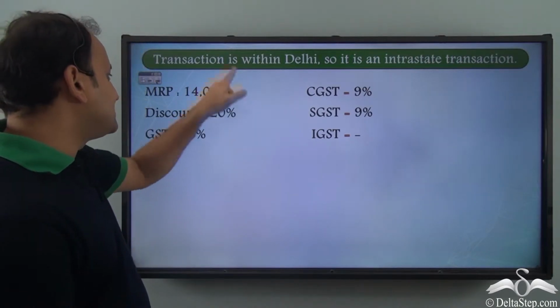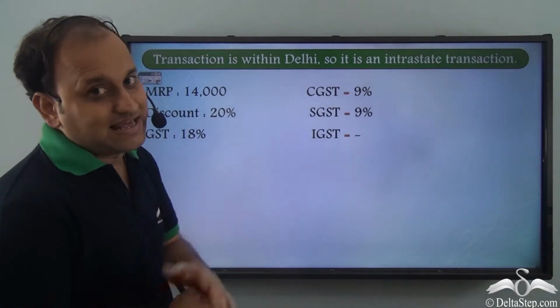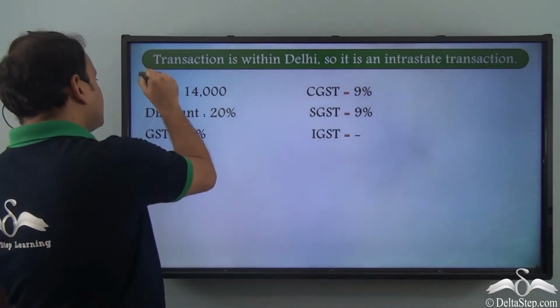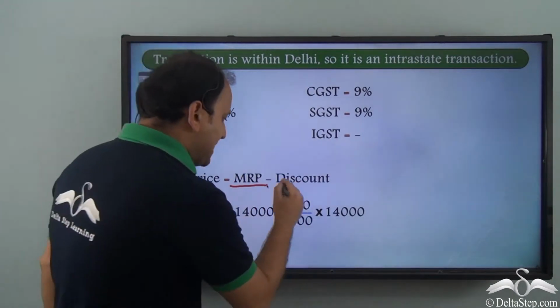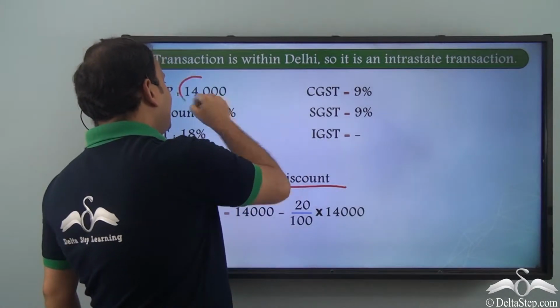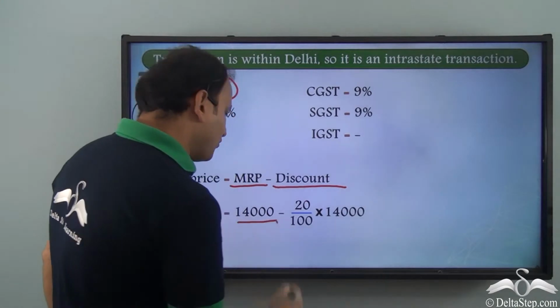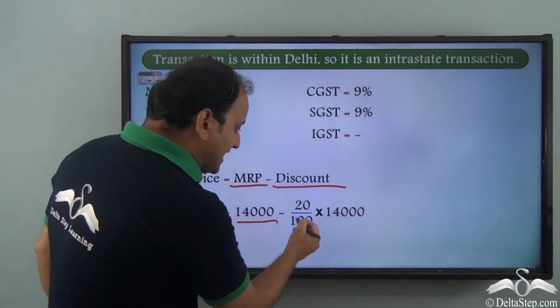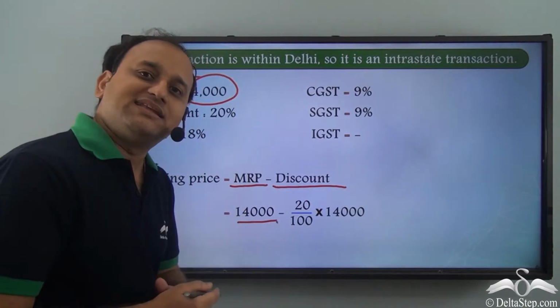So we'll have to apply the discount on the list price and then what we get is the selling price. So selling price is MRP or list price minus discount, and this discount is calculated on the MRP or list price, right? So MRP, that is 14,000 minus 20% of 14,000, that is 20 by 100 into 14,000.